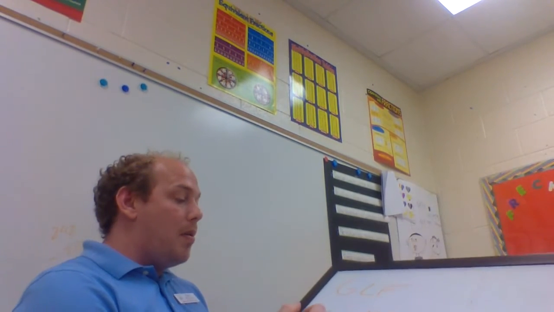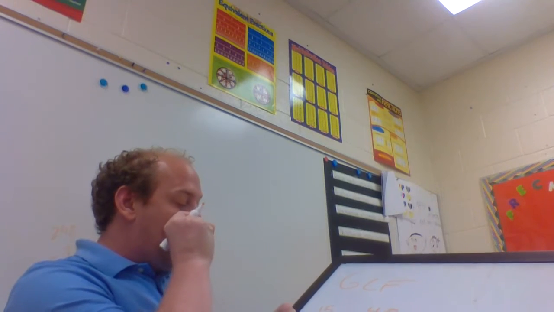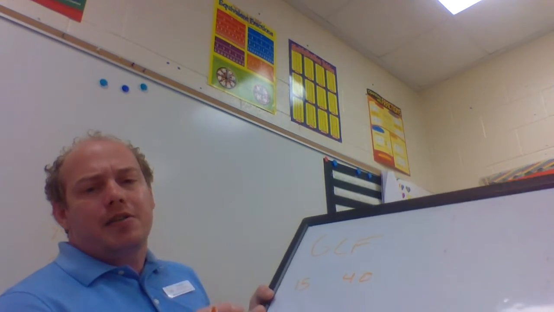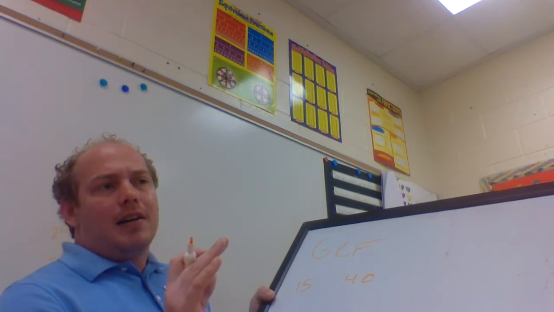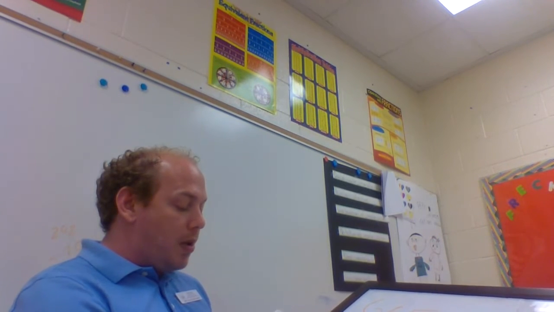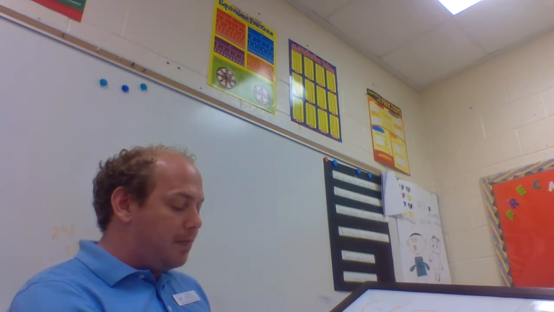Numbers are getting a little bigger here. So there's a couple ways we could do this, but we're going to do the traditional list method. So we're going to put 15 on top, and we're going to put 40 on the bottom.